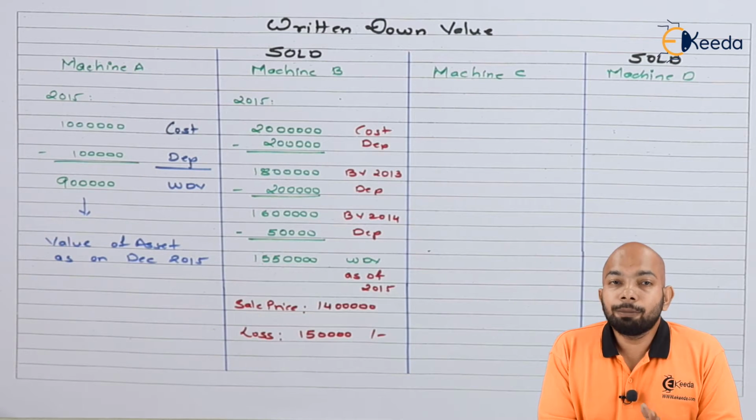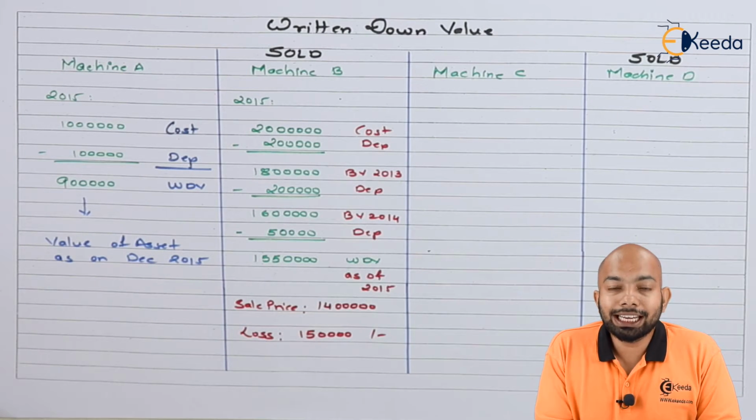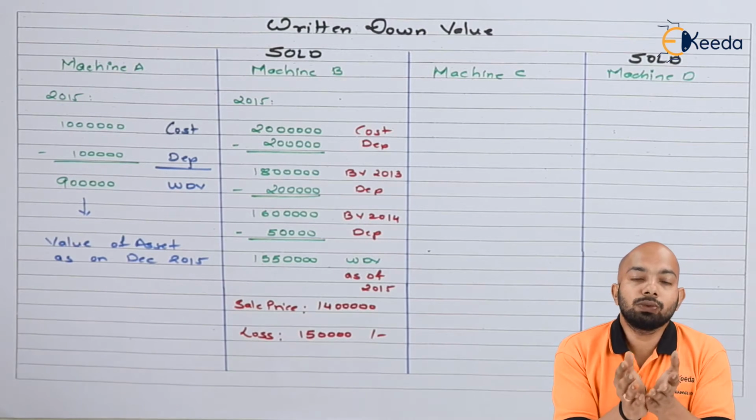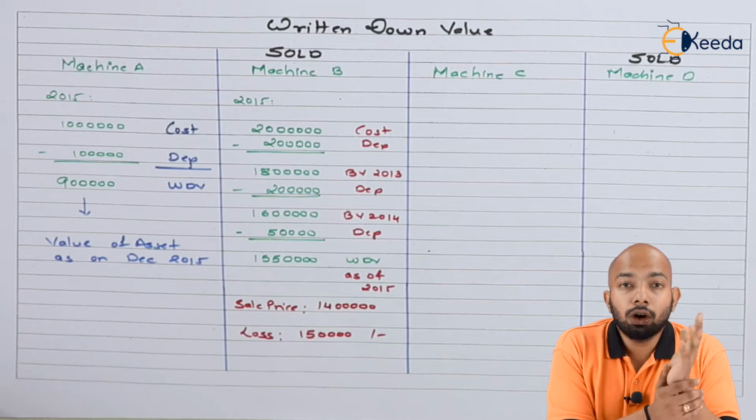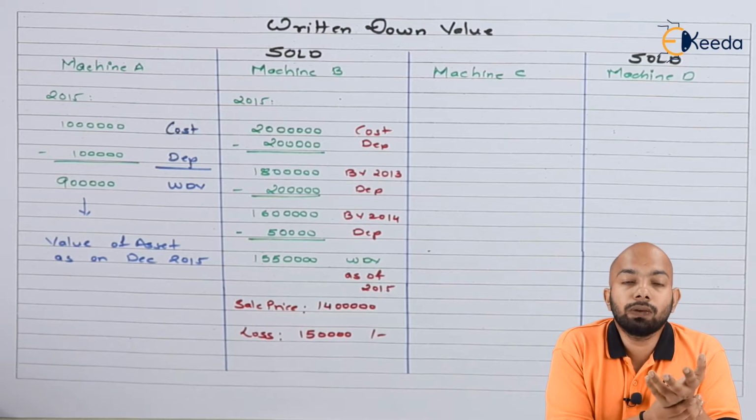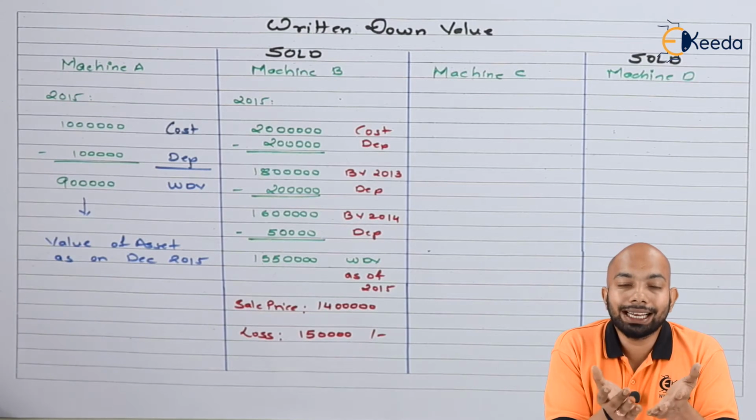So you can see that we have prepared the written down value for machine A and machine B. Machine A, as you know, is very simple. Cost minus the total depreciation gives you the written down value as of 2015, which is 9 lakh rupees.